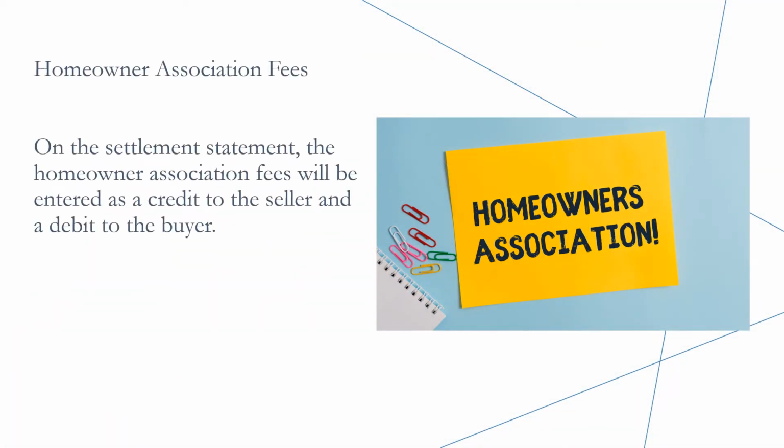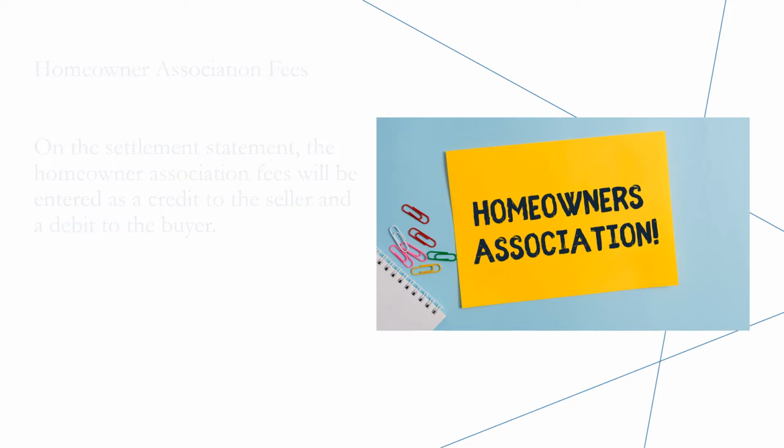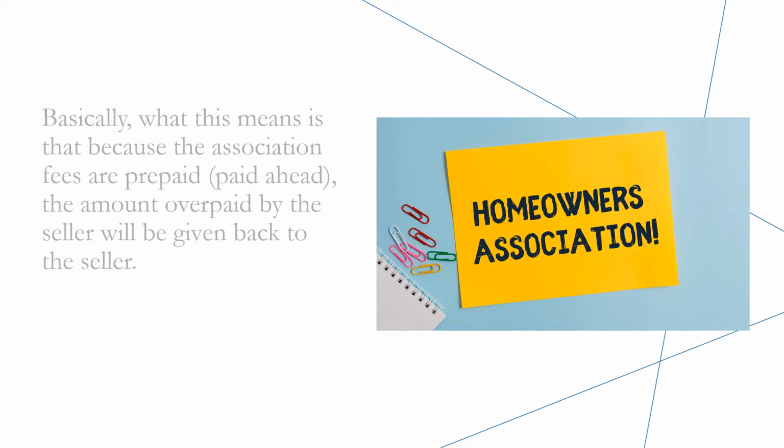Homeowner association fees. On the settlement statement, the homeowner association fees will be entered as a credit to the seller and a debit to the buyer. Basically, what this means is that because the association fees are prepaid, paid ahead or in advance, the amount overpaid by the seller will be given back to the seller.